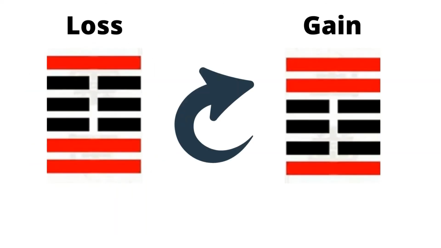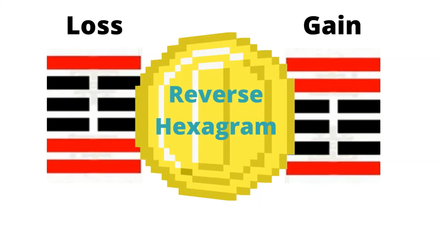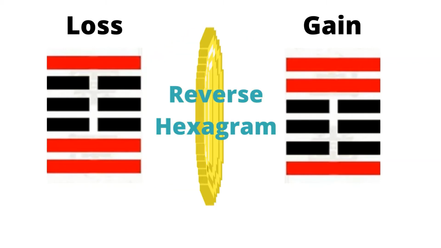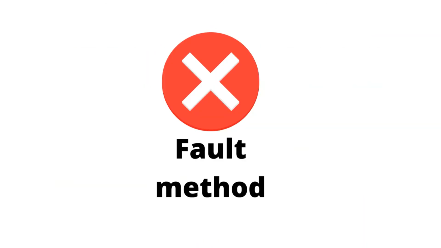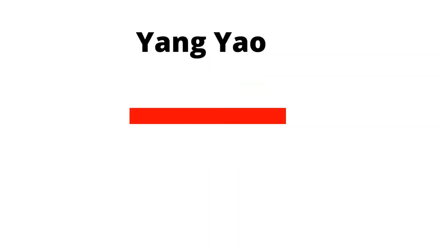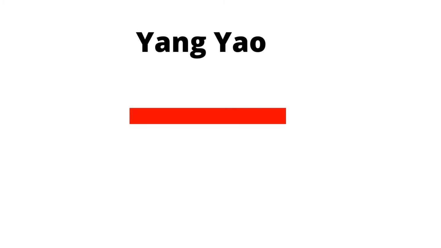The relationship between these two hexagrams is known as reverse hexagram. It demonstrates the dual nature of the universe. By using the reverse method, we know that every matter is two sides of the same coin. The other approach is named the fault method. What is fault? When yang turns to yin, or yin turns to yang.